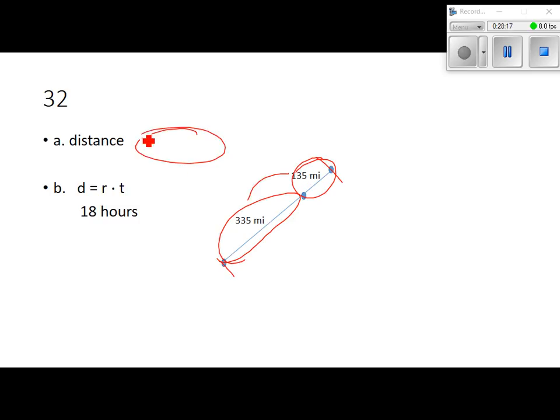Then they wanted you to figure out the rate, how fast the ship was going, the speed of the ship in miles per hour. Well, you'll know the distance from the answer right here. The rate's what you're looking for.